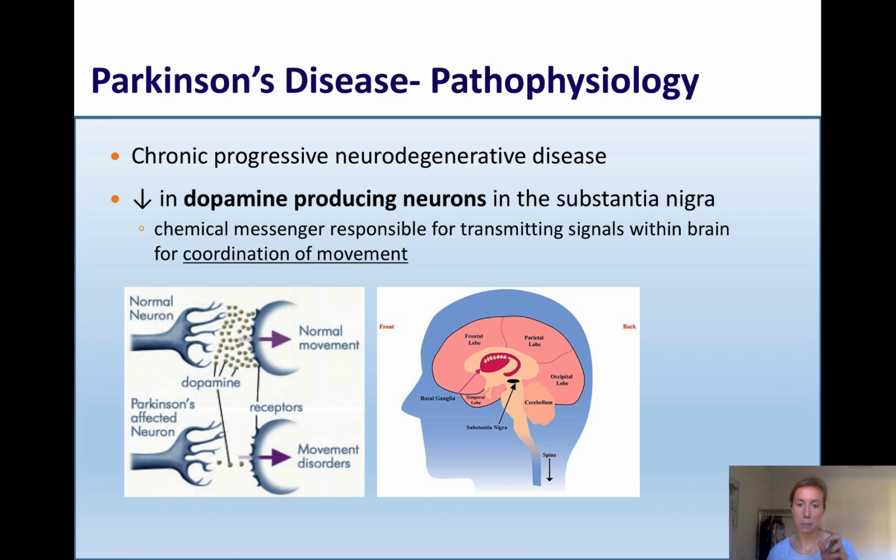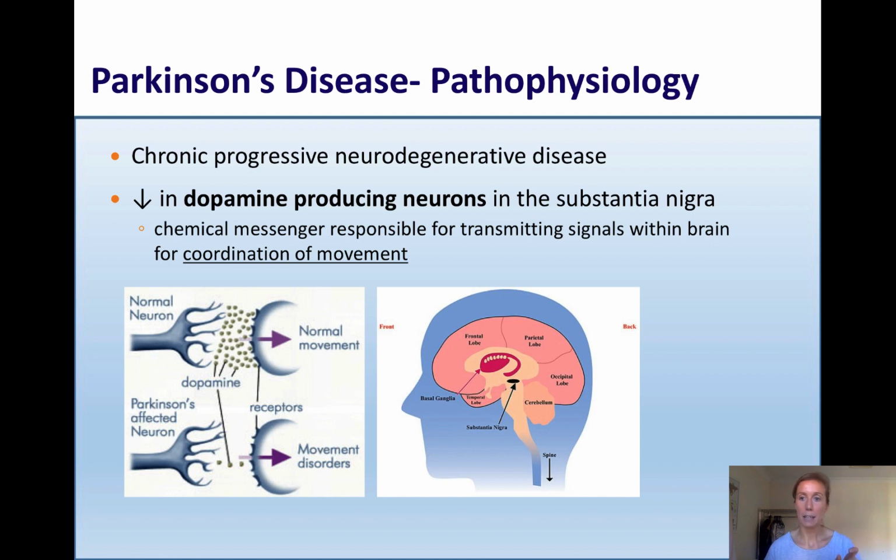If you look at the bottom image on the right-hand side, you can see your substantia nigra is in the central brain region, specifically in an area that we call your basal ganglia. A few new terms again, so try not to stress about that too much, but ultimately we're concentrating on these reduced dopamine-producing neurons in the center of the brain.